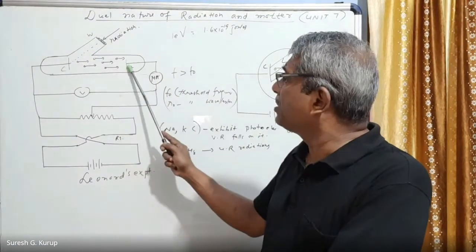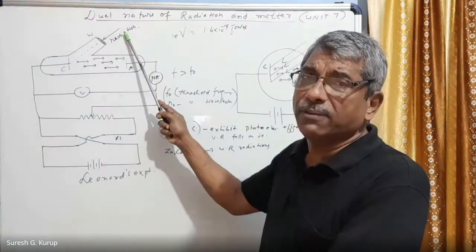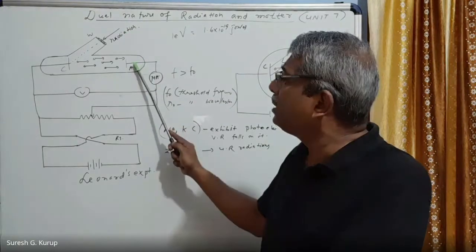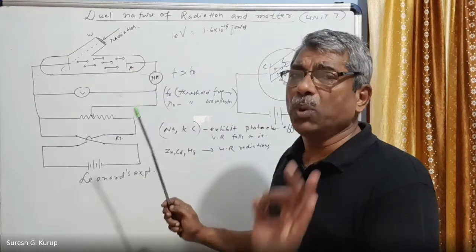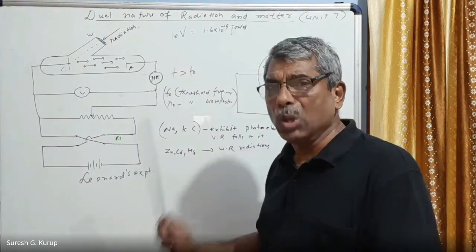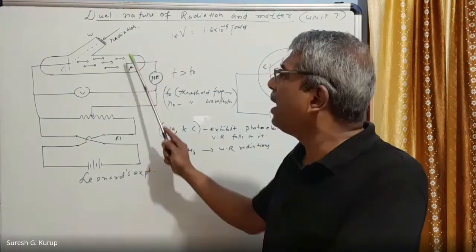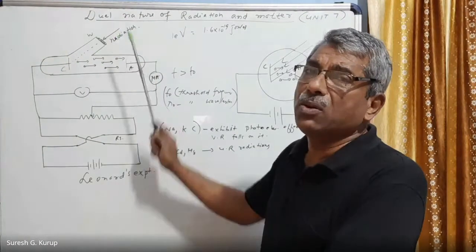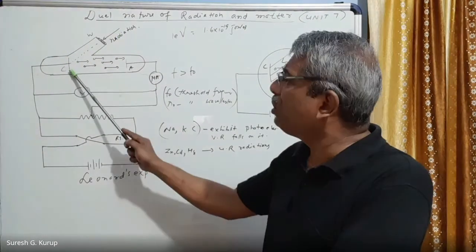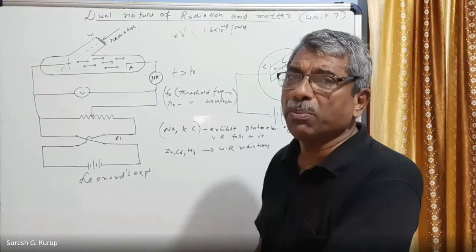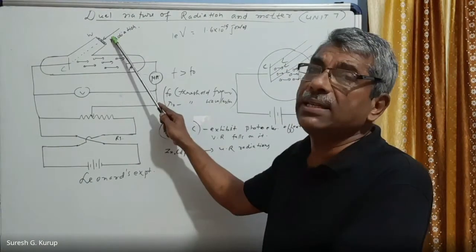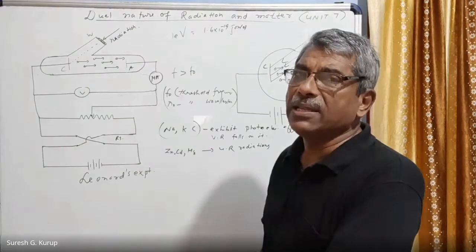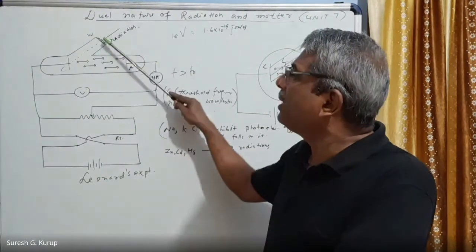What are constant? Frequency, and the potential applied to the plate A, that is a positive value, are kept fixed. Then what you are doing is increasing the intensity. Intensity can be increased by changing the position.